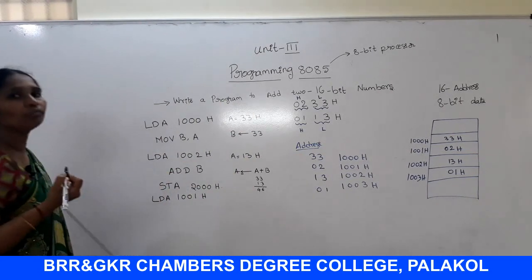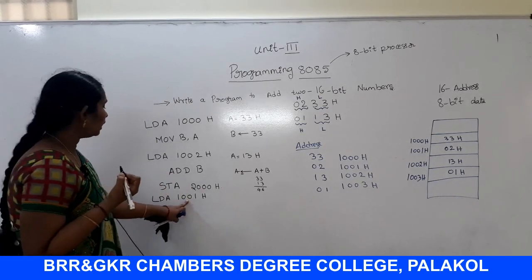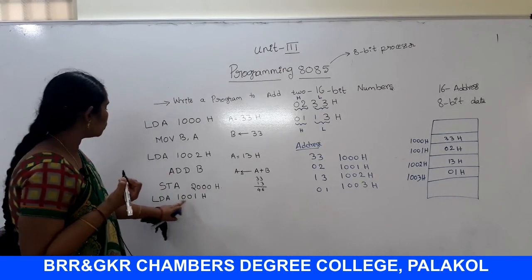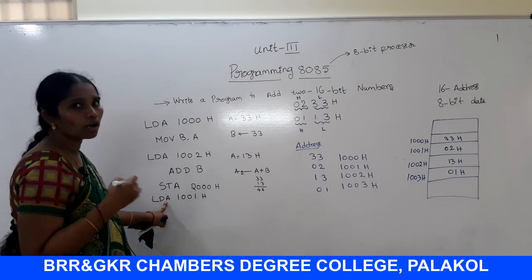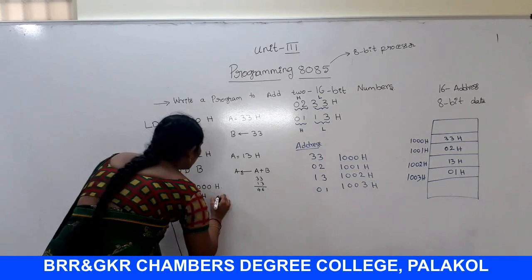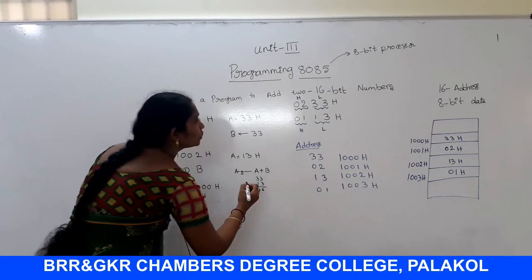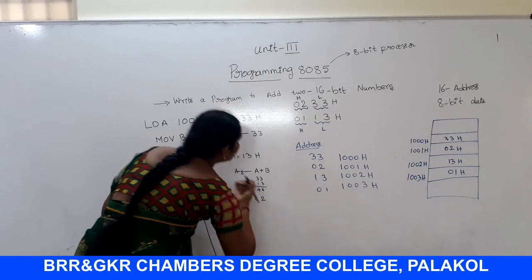What is the meaning of this instruction? The contents in this address location are moved to the accumulator. Therefore the accumulator is equal to 02 here.